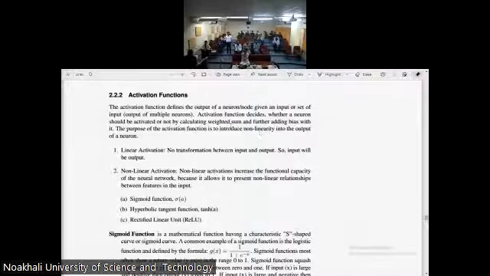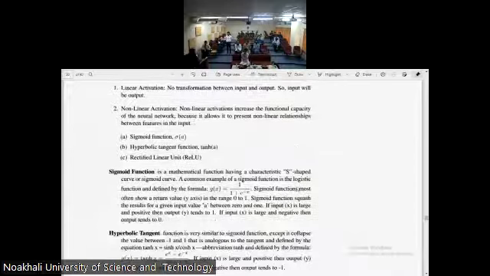But in real life, we normally have non-linear activation functions, which means there should be some transformation. I mention three commonly used non-linear activation functions: the sigmoid function, the tanh function, the hyperbolic tangent function, and the rectified linear unit, ReLU.